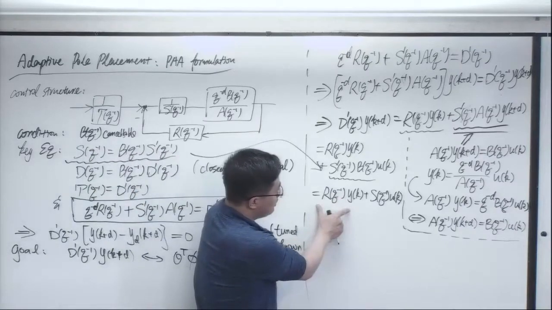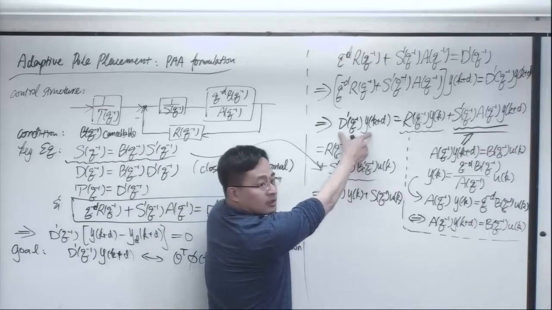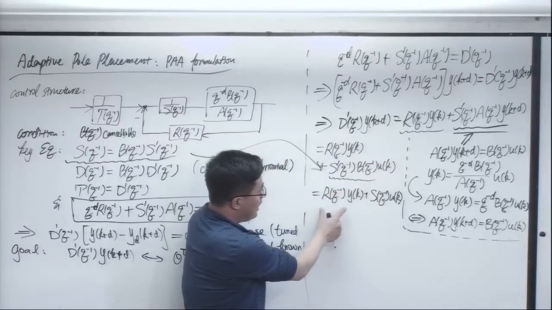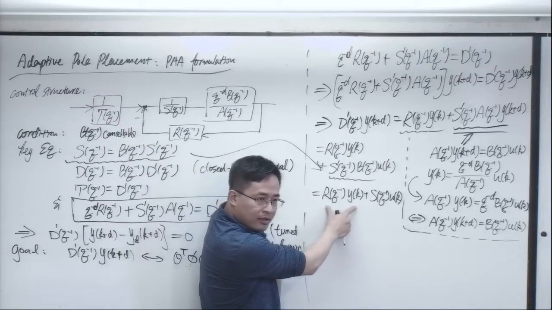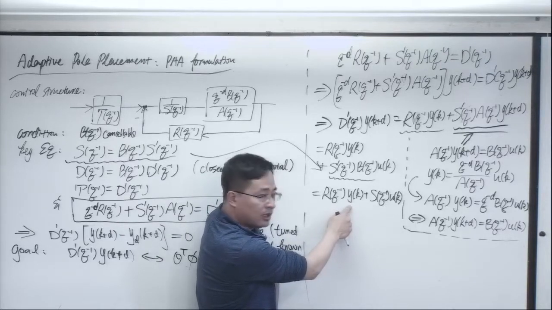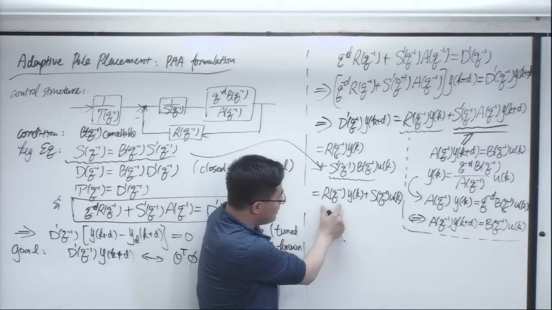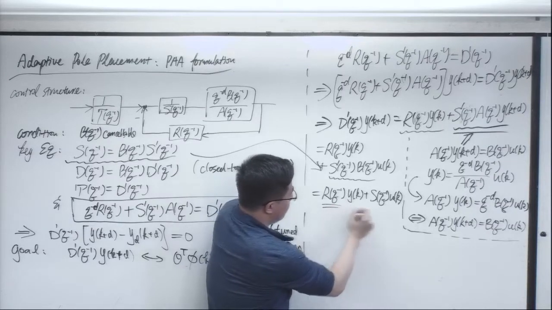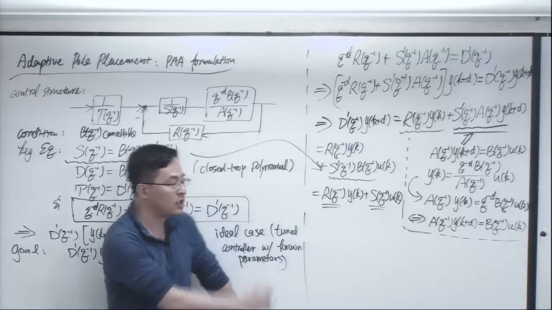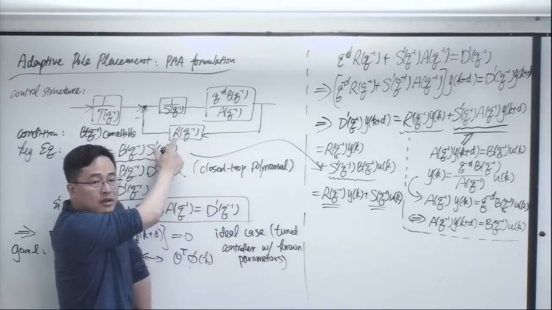We have expressed the output, D prime times the output to be more specific, as some linear combination of the input and prior output. And what's even better is, look at these: R and S. These are the controller polynomials. These come from the controllers.